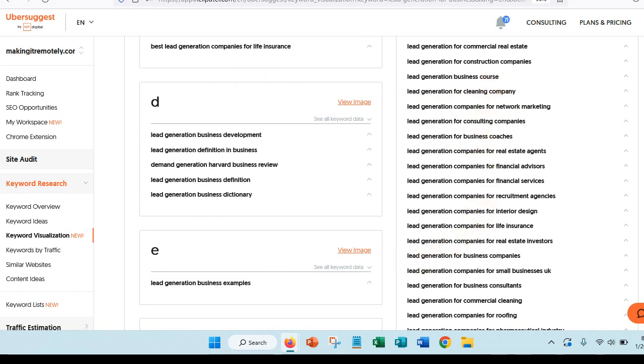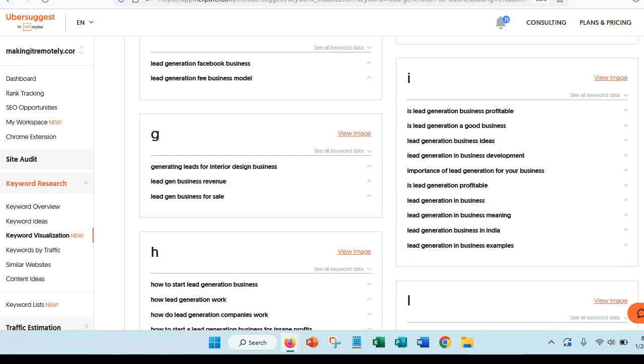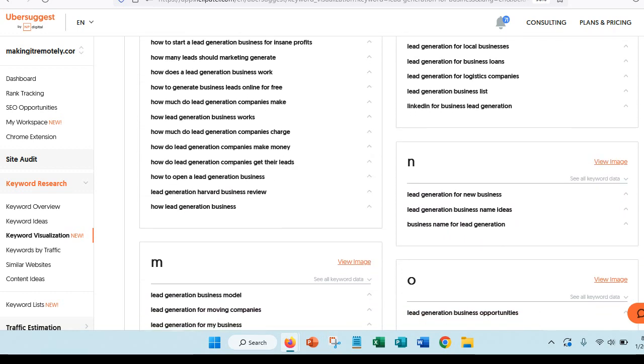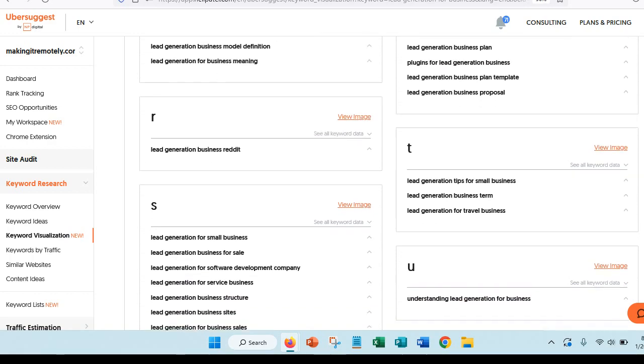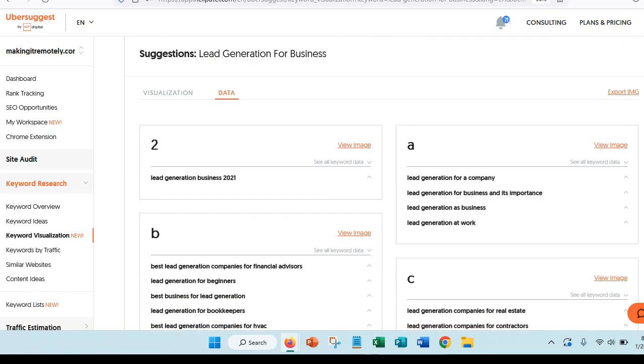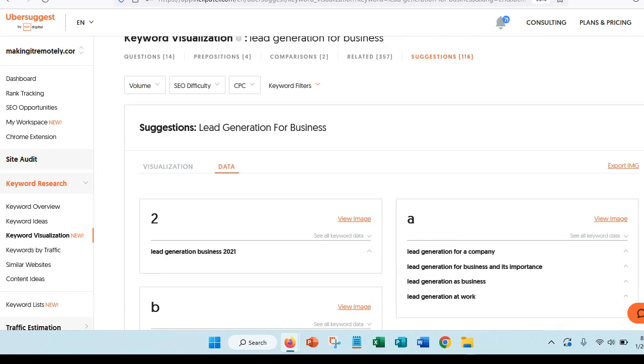You see all of these ideas that you could use to write tons of great content related to lead generation. So there again, this might be something that you would print off and keep handy in your notebook.